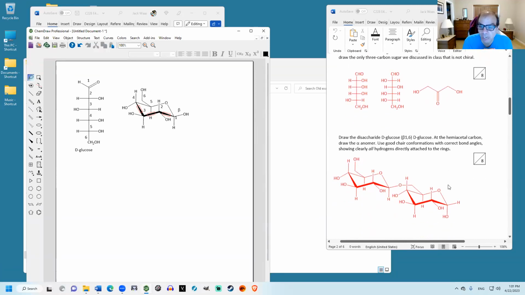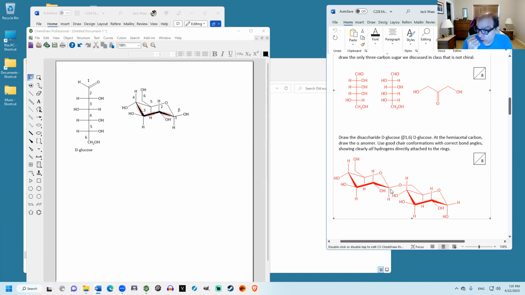And then to draw the disaccharide D-glucose beta-1,6-D-glucose, we start by drawing our first glucose. All of these 3 OHs and the CH2OH are equatorial. And it says we want a beta 1,6 linkage. So we're going to start at carbon 1 of the first glucose.